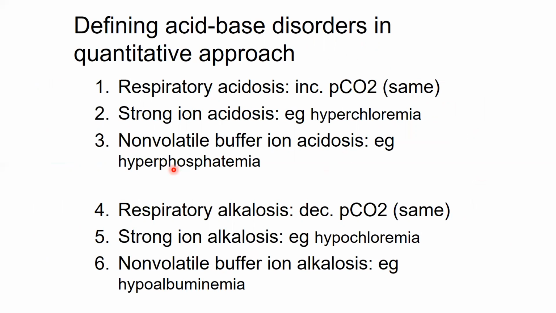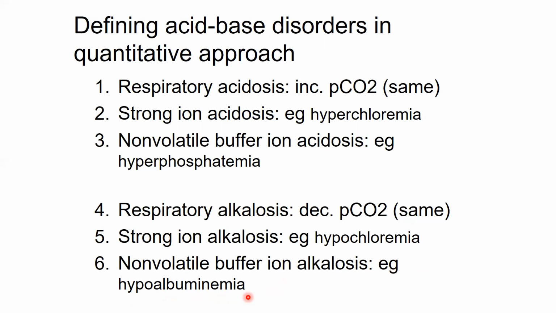The differences start with the metabolic issues, 2 and 3 and 5 and 6. So we have a strong ion acidosis, and we've seen that with hyperchloremia, and non-volatile buffer ion acidosis, which is hyperphosphatemia. We have not discussed that yet. Strong ion alkalosis, which includes hypochloremia and others we'll get to later, and non-buffer ion alkalosis, including hypoalbuminemia.